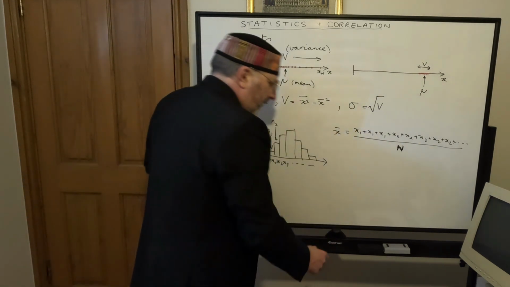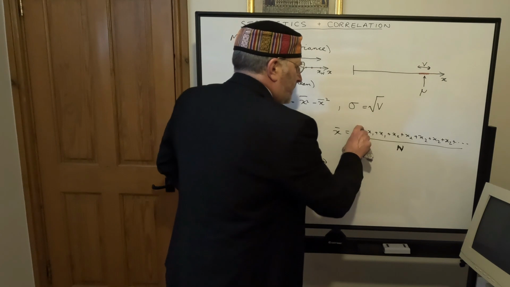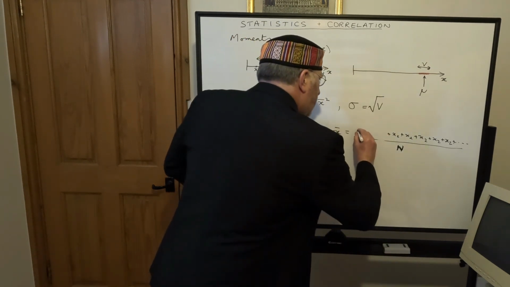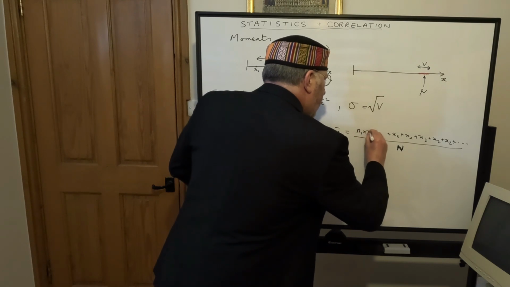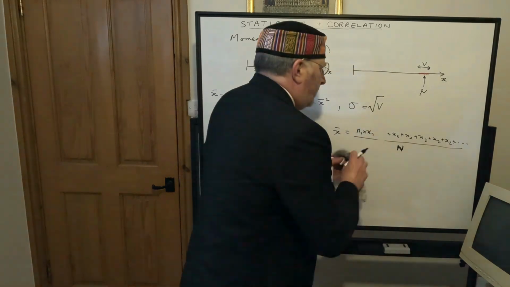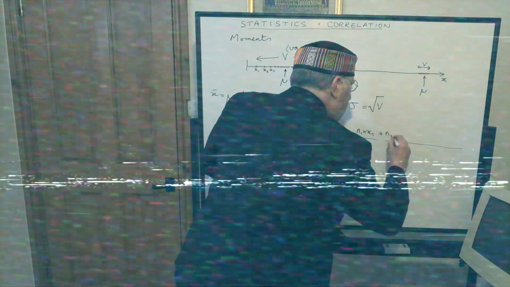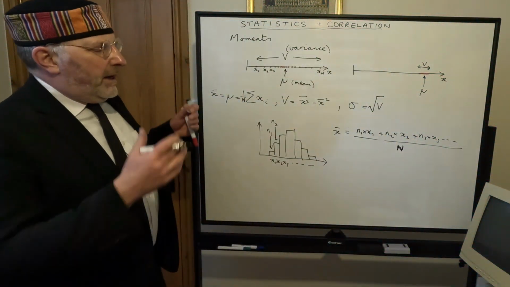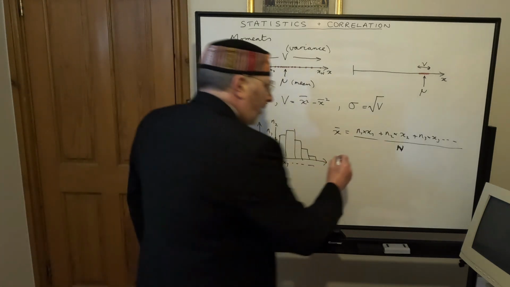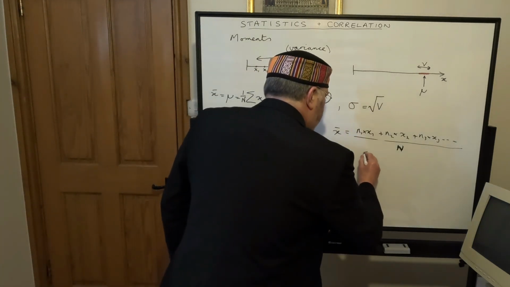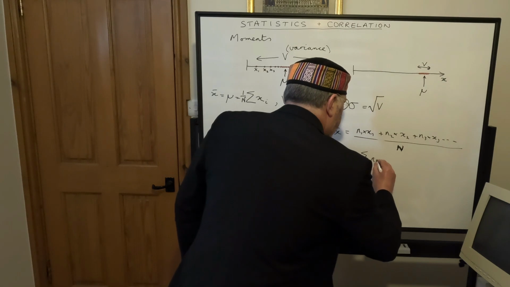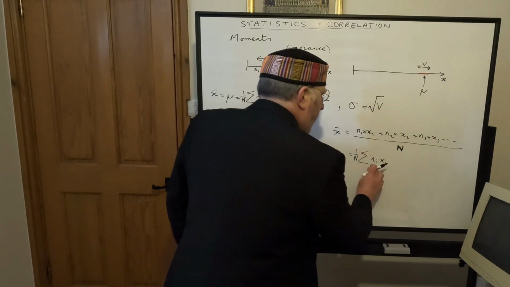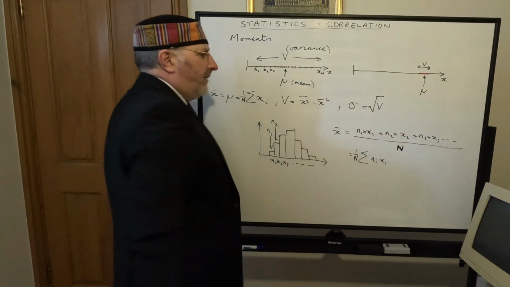But clearly we wouldn't want to do it like that. We would just write n1 times x1 plus n2 times x2 plus n3 times x3, and so on. So in other words, it would be the sum of ni times xi divided by n.